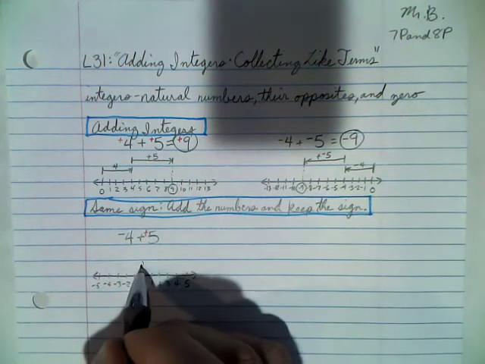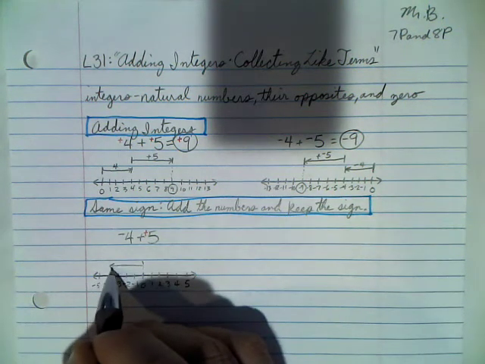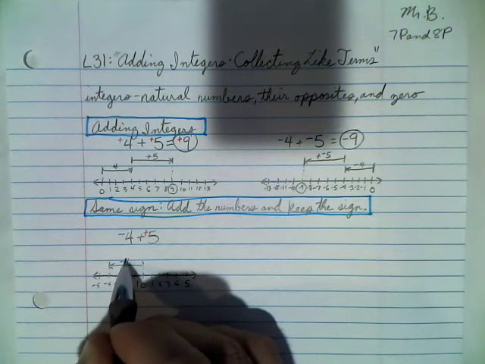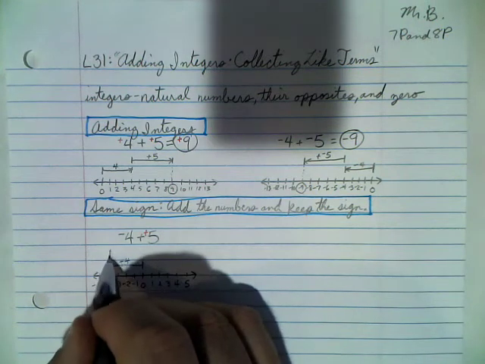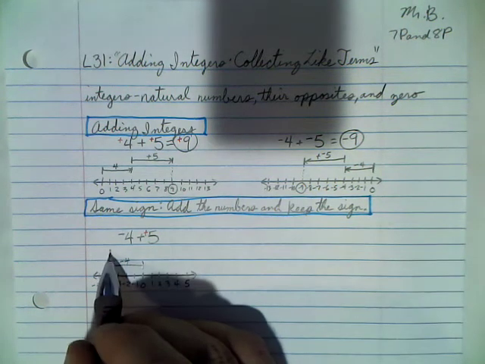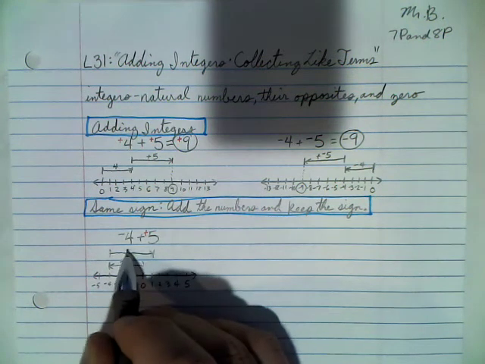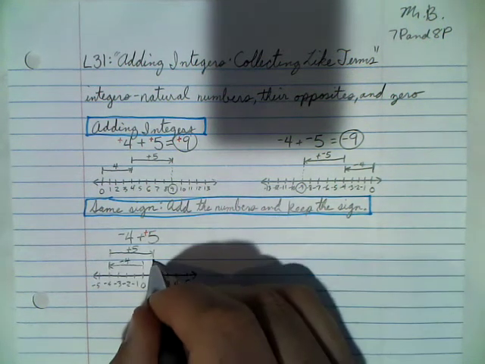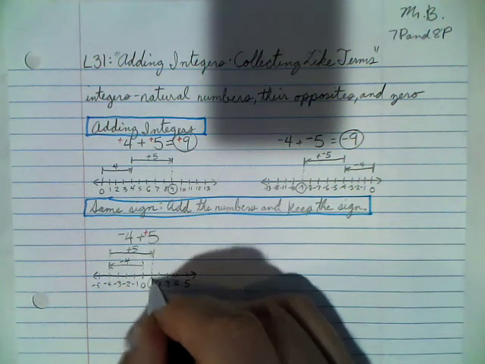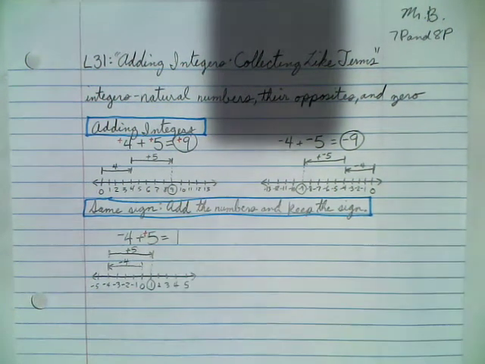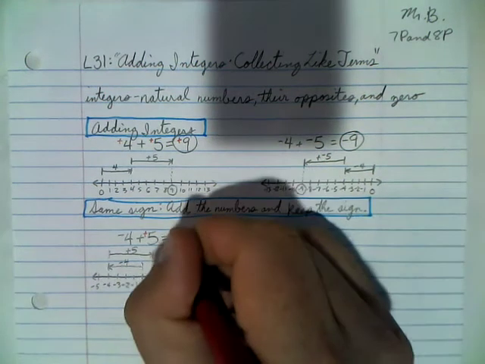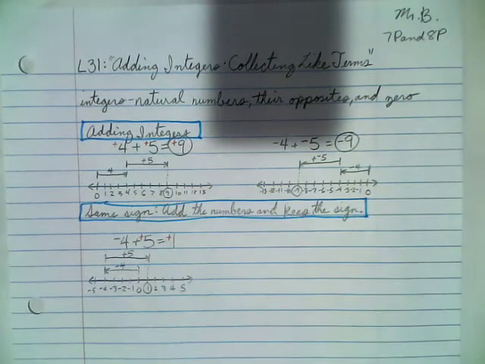So if I go to the left 4, 1, 2, 3, 4, that's my negative 4. And then we start where we left off, and a positive 5 would send me back to the right, 1, 2, 3, 4, 5. So there's my plus positive 5. And so we end at 1. So the answer ends up being 1, which of course is a positive 1.